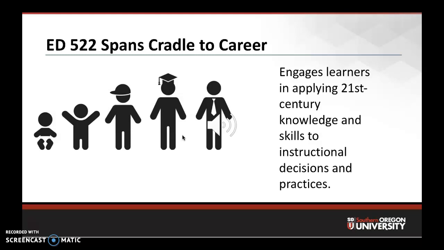Because the diverse learning backgrounds and goals of the learners in this course is so vast, and because it's a graduate course, you will be required to research, translate, and apply these new skills and knowledge into your own practice. I have supplemented throughout where I found it lacking, and you'll have the opportunity to take the information provided and really extend it through your own research and with your own learners in mind.